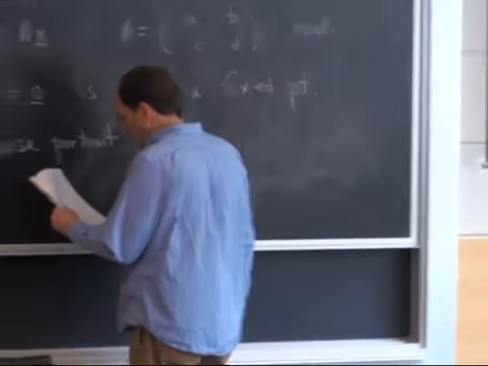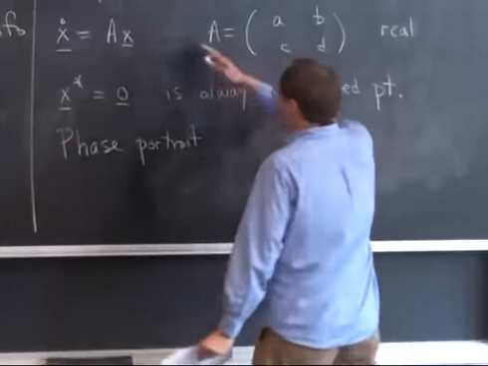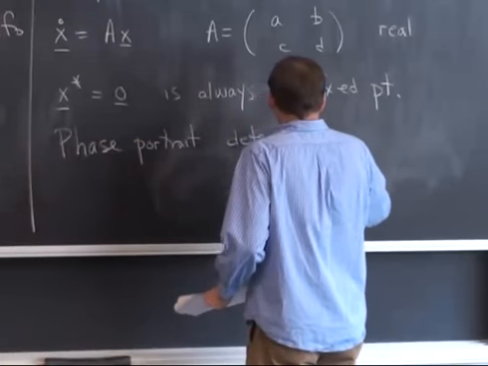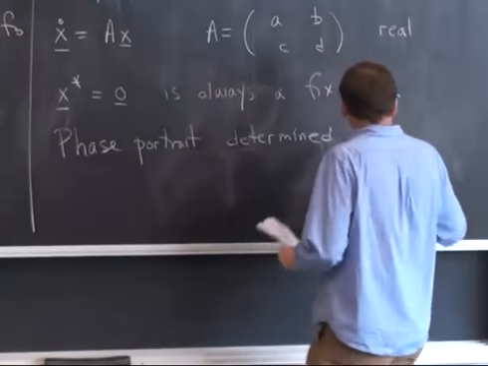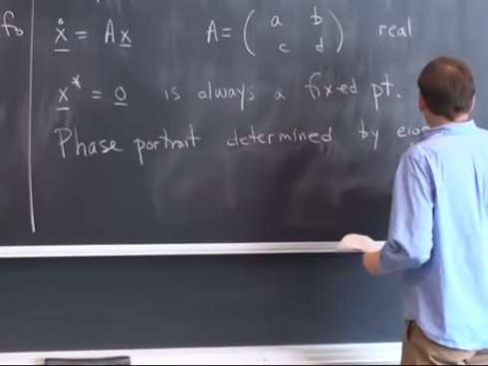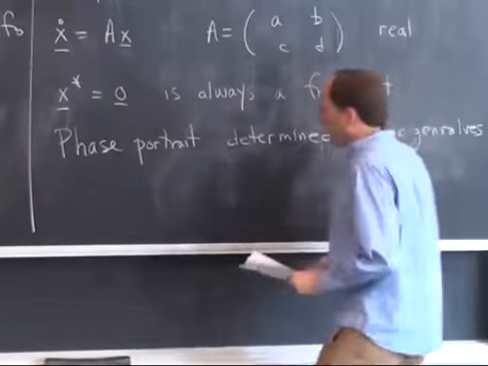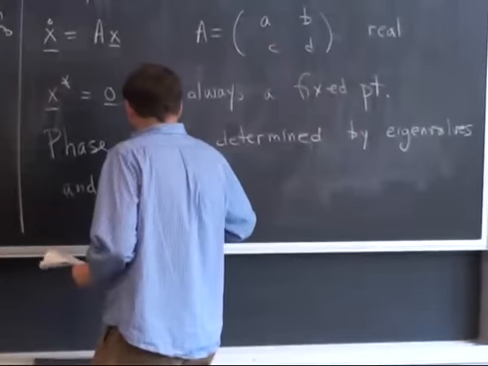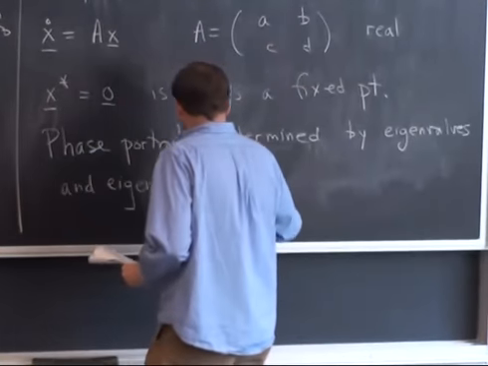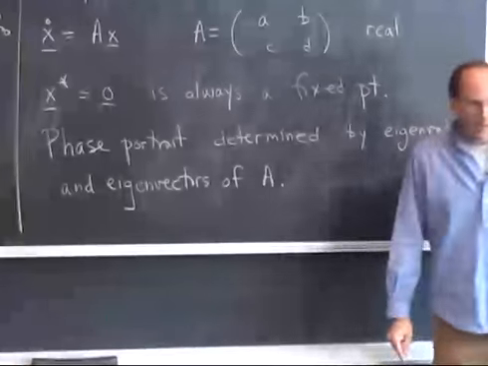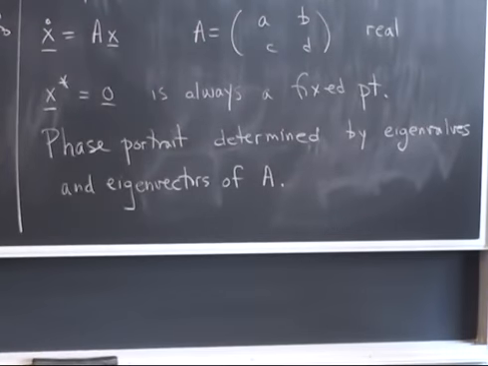So what we're interested in is the phase portrait near the origin, and that's going to be determined by the eigenvalues and eigenvectors of A. Which is one reason that you learn about eigenvalues and eigenvectors in a linear algebra course.